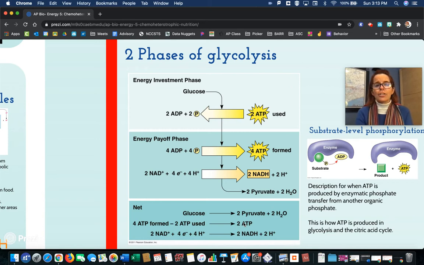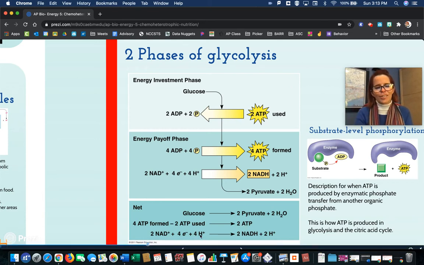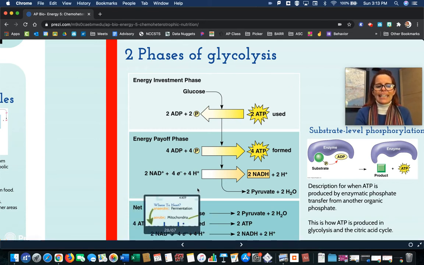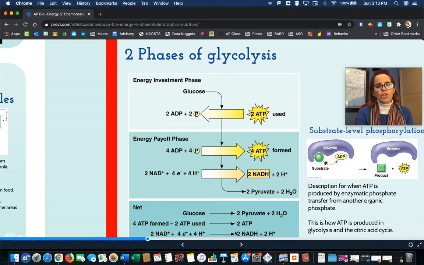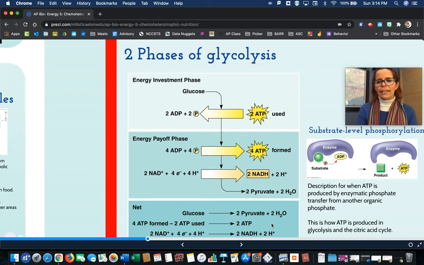And then we said this earlier, we've got 2 NAD pluses, plus we collect 4 electrons and 4 hydrogens to make the 2 reduced NADHs, and then we have 2 hydrogen ions left over. They'll get used a little bit later.